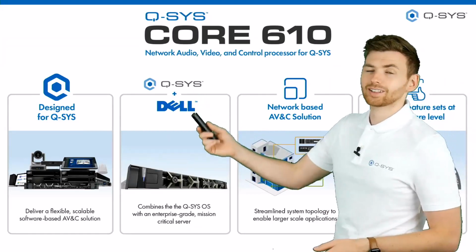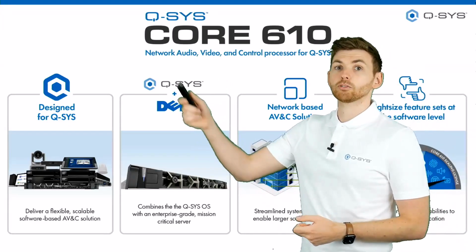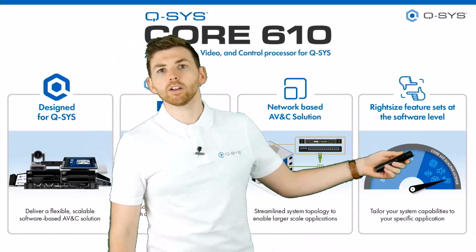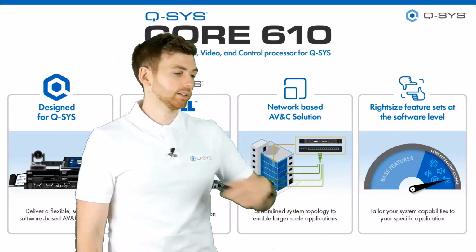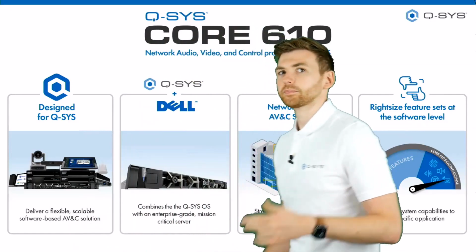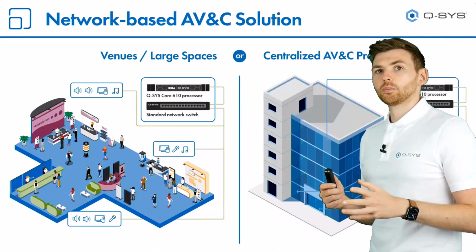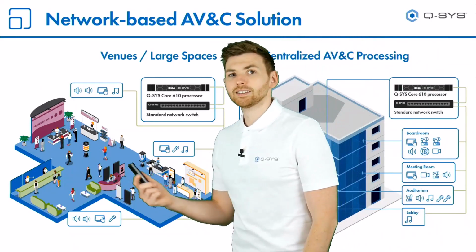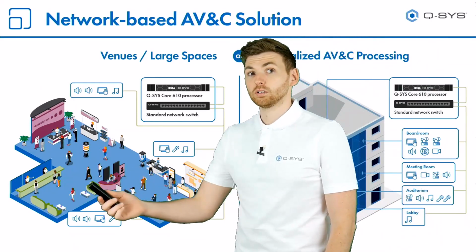You can see there Q-SYS and Dell. So it is Dell standard hardware, but running our operating system. And the nice thing is that like a Core Nano or a Core 8 Flex, you can add a scaling license to this to even take it further. There's really two main ways you might use it. So it could be a single large complex space. Here's an example of a trade show floor, okay?